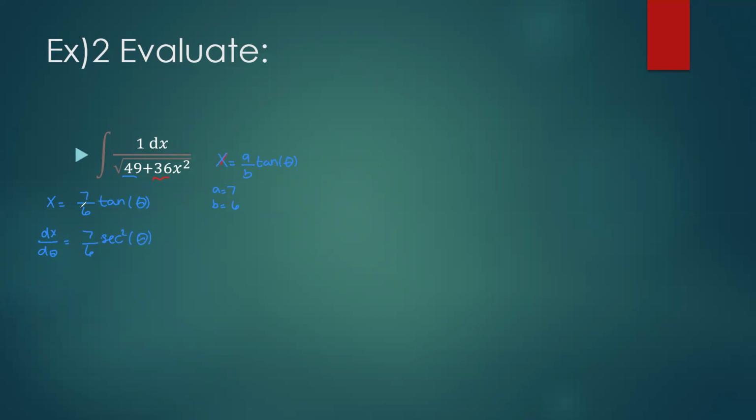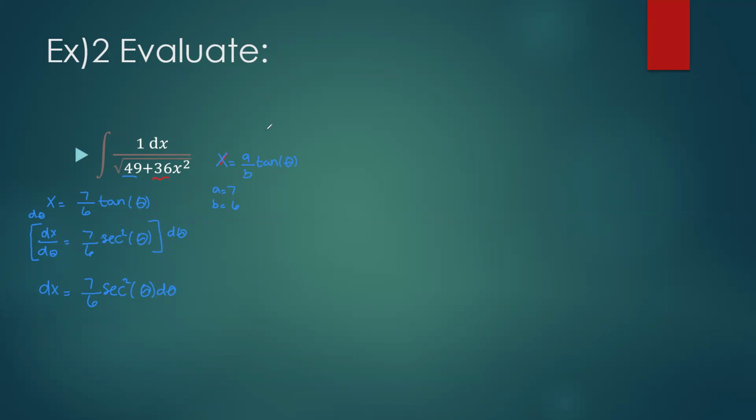Now we have to get rid of this d theta, so I'm going to multiply both sides by d theta. The d theta cancels, so you're left with dx equals 7 over 6 secant squared theta d theta.